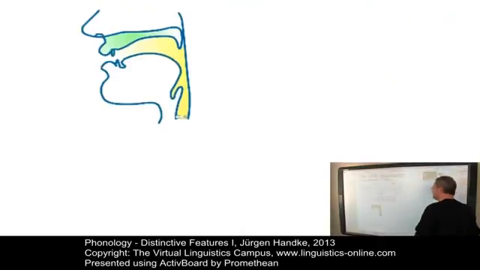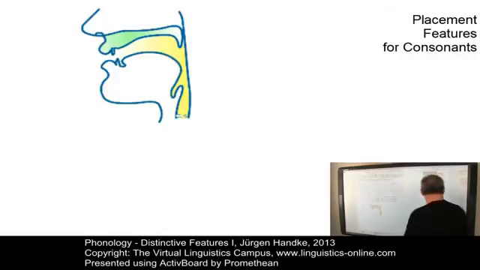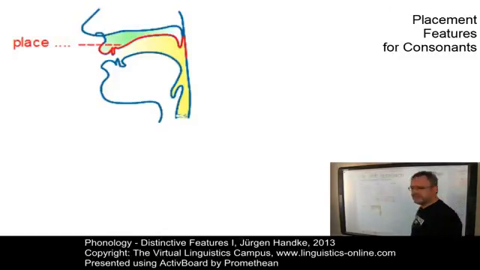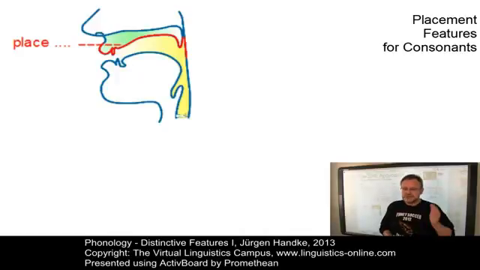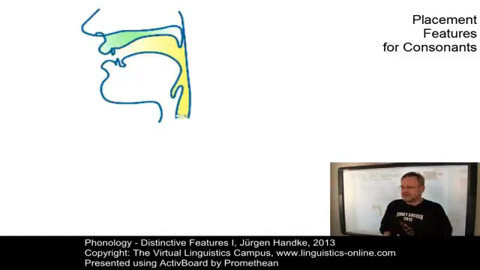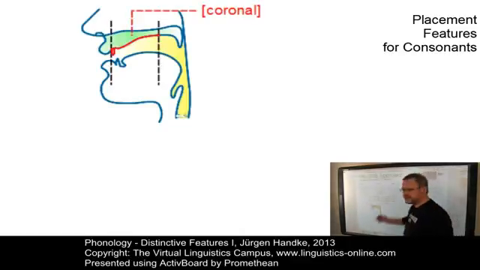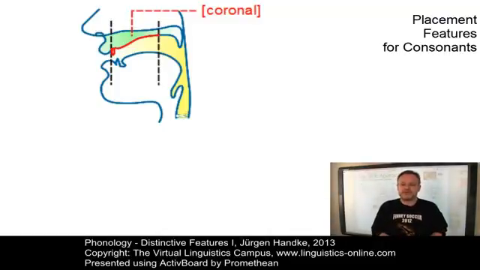Consonants are defined by 2 features that define them on the basis of their place of constriction, that is, from labial to uvular. The feature coronal, which you can see here, refers to the activity of the blade of the tongue.